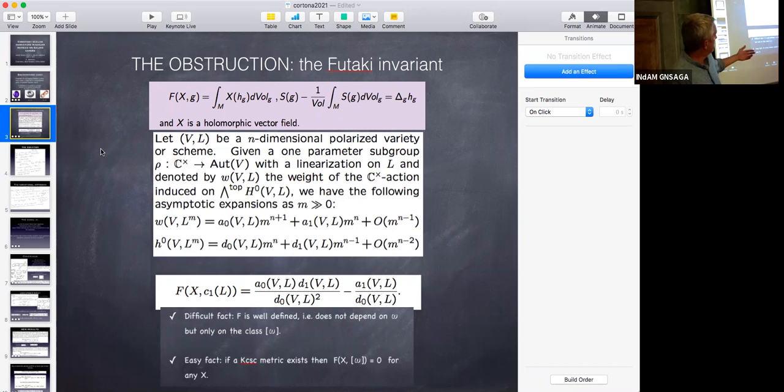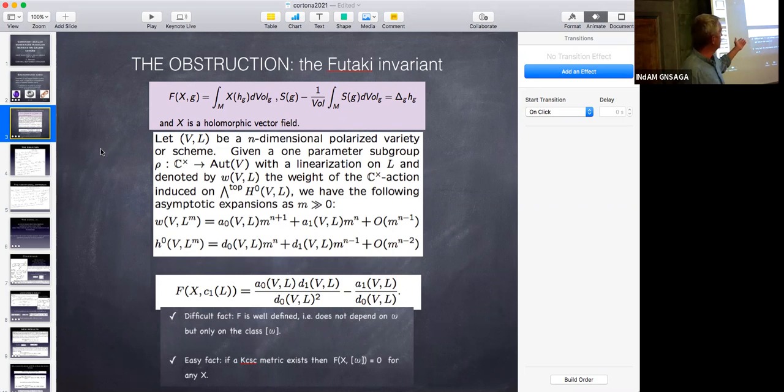You take the space of holomorphic sections of this line bundle and see how it grows with the powers n. By Riemann-Roch, you have something like that. You also see how the weight of the C-star action, which is a generalization of the holomorphic vector field, grows as the power of the line bundle grows. Then you take this funny combination of the coefficients and you build a number.